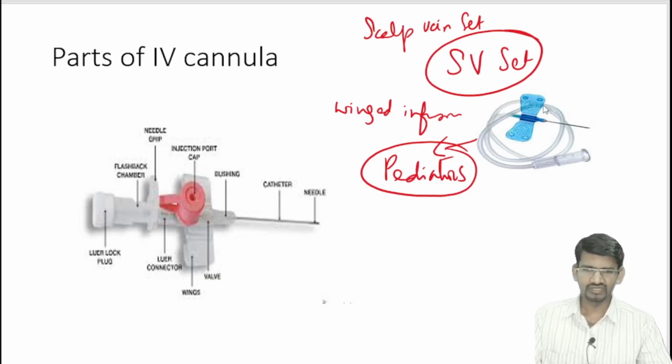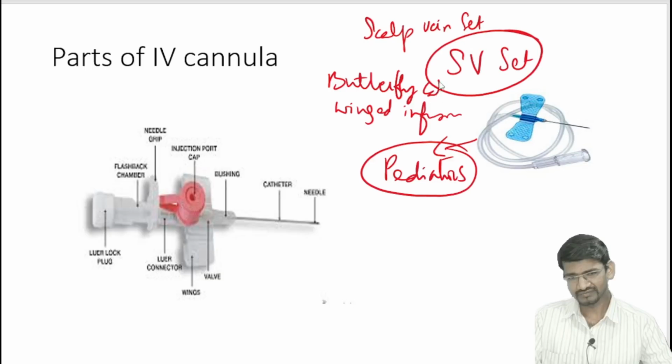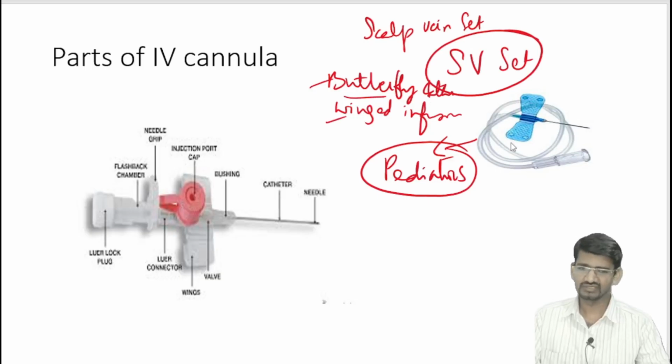So we can go with this winged set, or SV set, or scalp vein set. It is also called a butterfly set, butterfly catheter, or butterfly IV cannula. All these names are given for this medical device, the SV set.